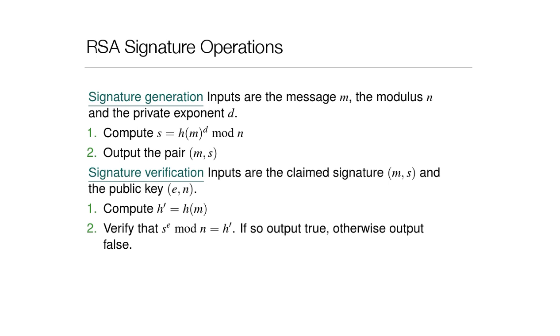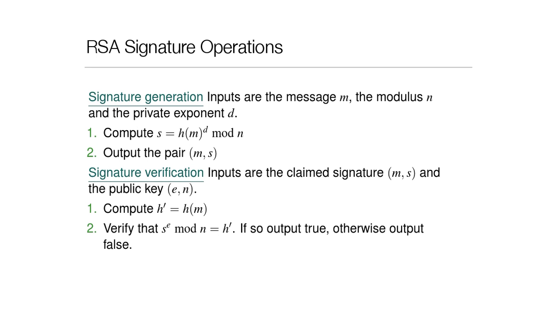So first compute the hash value h prime, which is the hash of message M. The message M it receives from the sender. Because the hash function is a public function, compute the hash of that message and keep that value. Then S is the signature that comes from the sender.